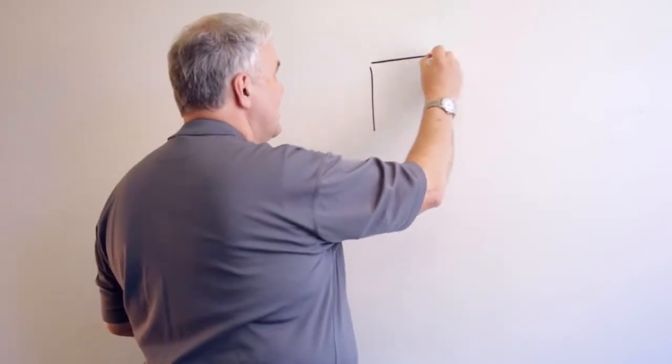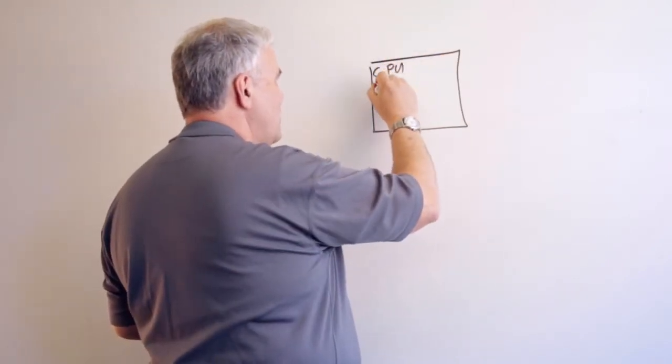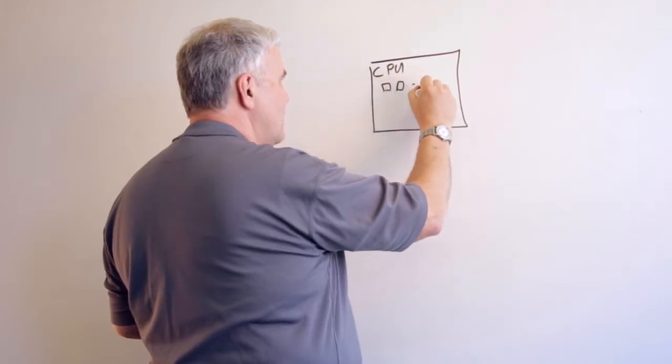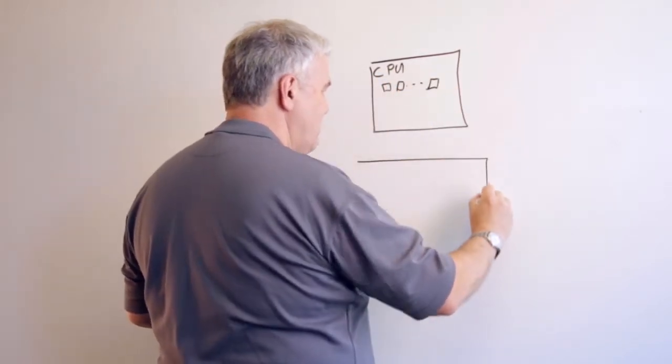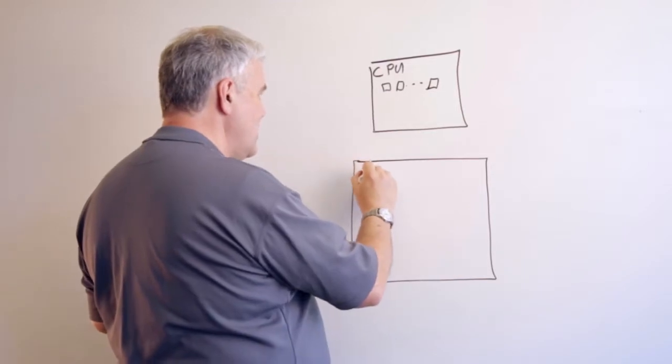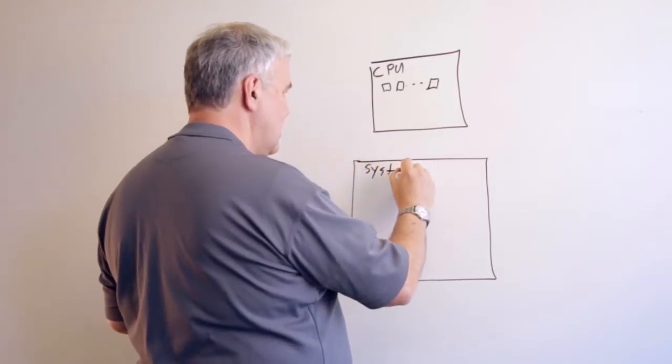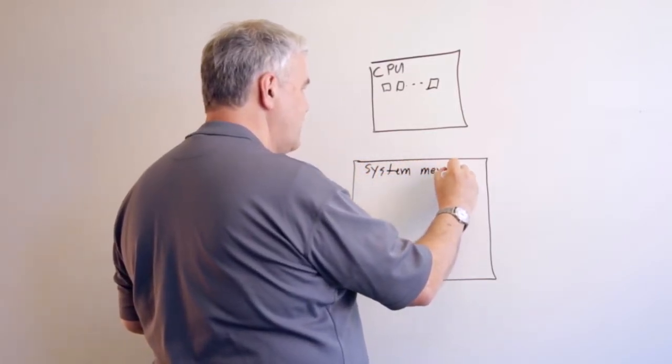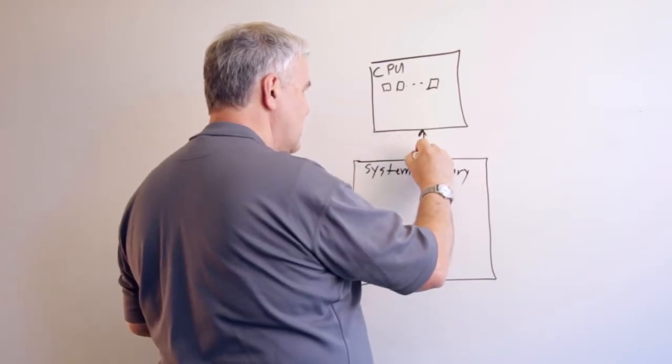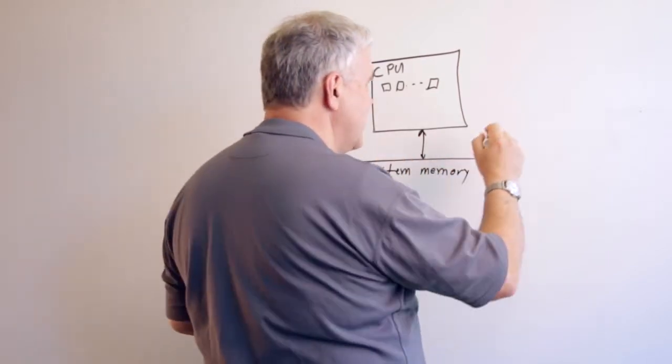Let's see how this works. Here I've got my CPU with many cores and my CPU system memory, very large system memory, connected through a direct link there.